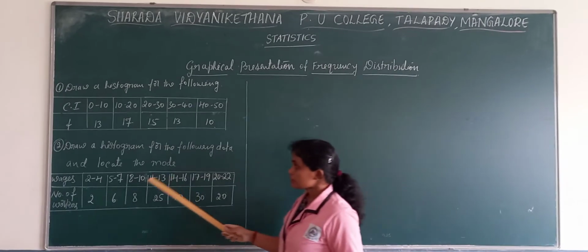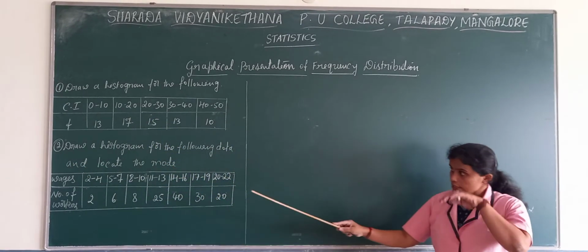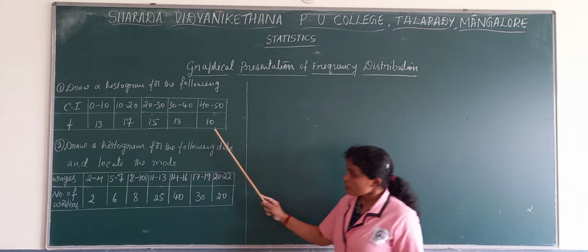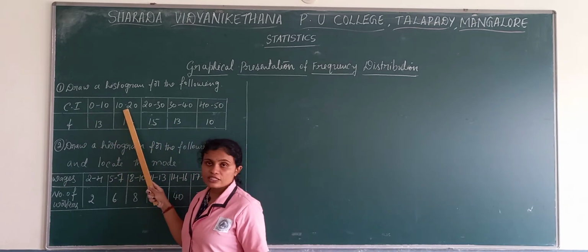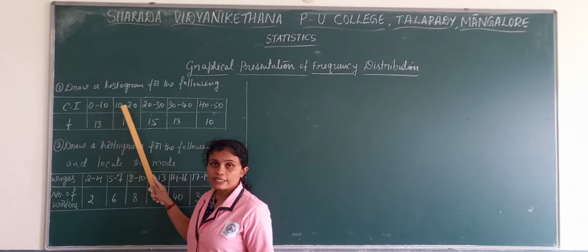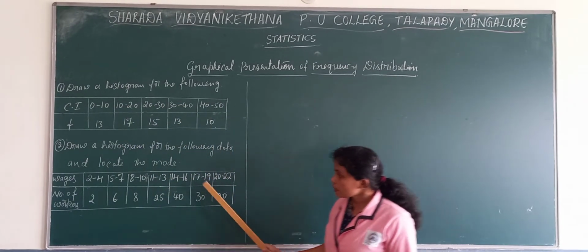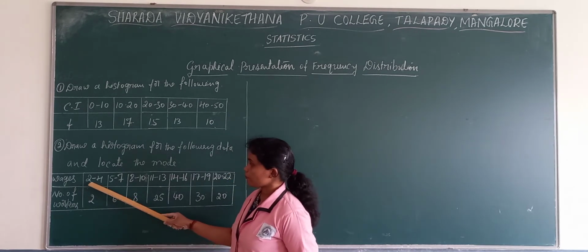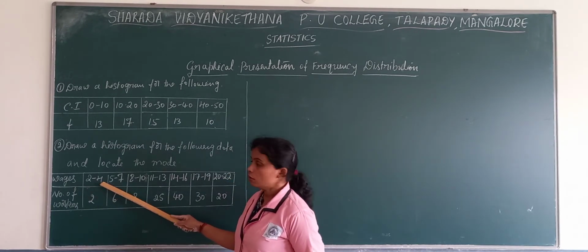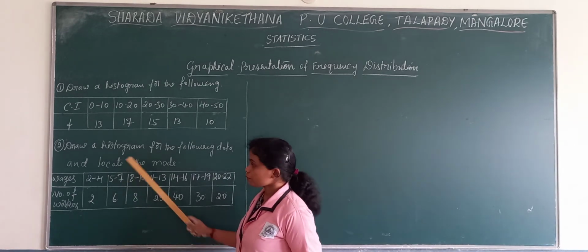If you see the second frequency distribution, there is a difference between the first and second. In the first one, the class intervals are of exclusive type: 0 to 10, 10 to 20, 20 to 30, 30 to 40, 40 to 50. But here it is not continuous: 2 to 4, 5 to 7. It's in inclusive form.